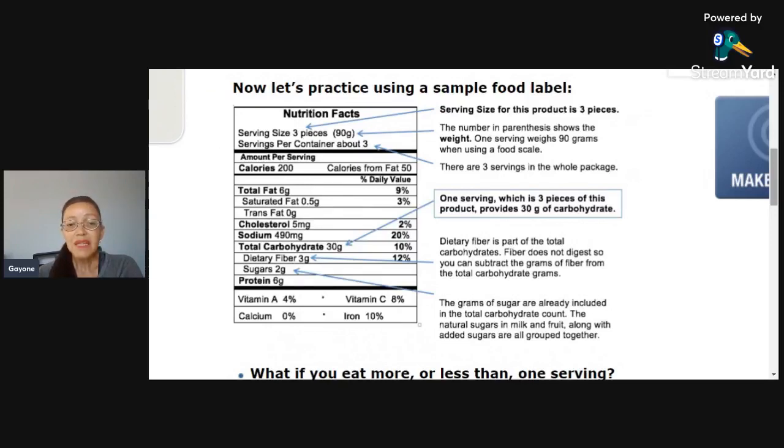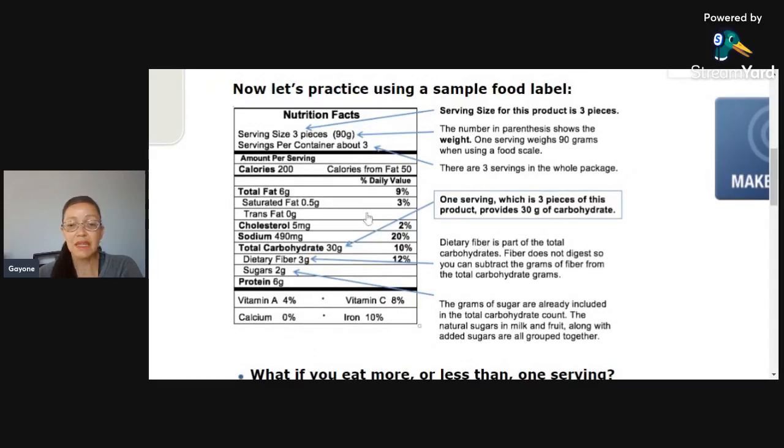Now, let's look at the carbohydrates. One serving, which is 3 pieces of this product, provides 30 grams of carbohydrates. Dietary fiber is part of the total carbohydrates. Fiber does not digest, so you can subtract the grams of fiber from the total carbohydrates. So what does that mean? If it says total carbs is 30 grams, subtract the fiber, which is 3 grams, and that will give you the total carbohydrates.